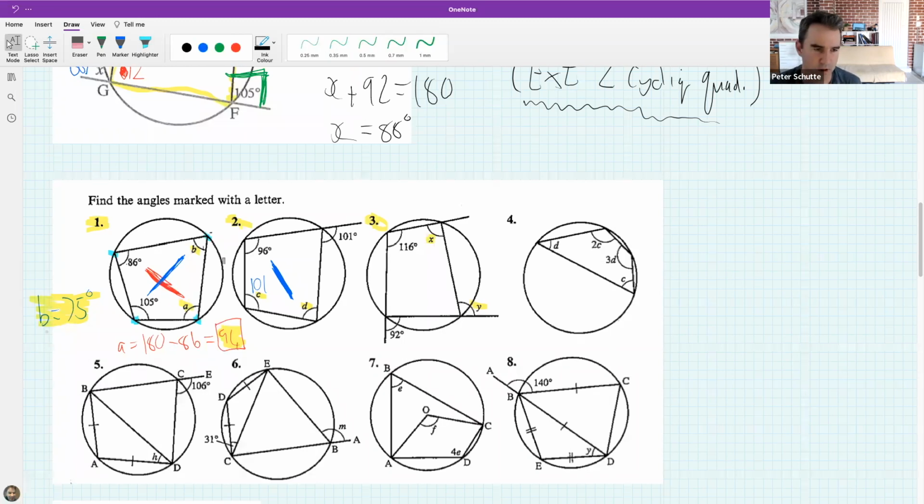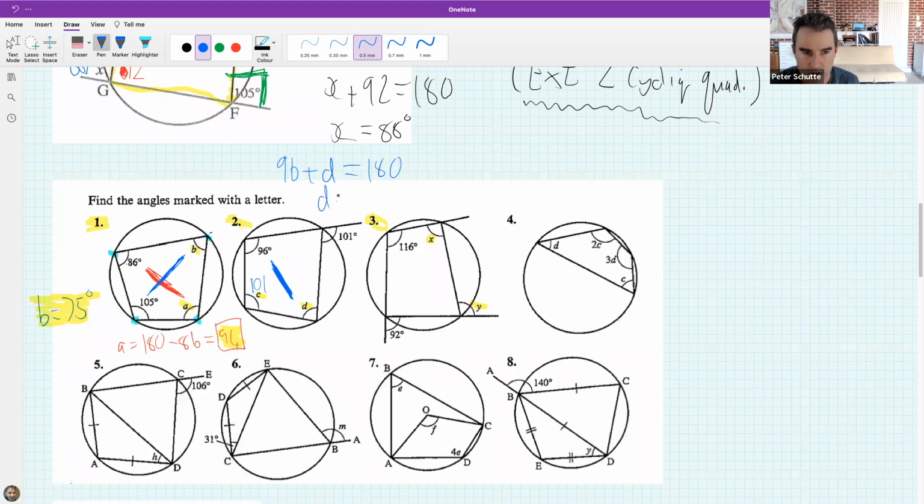Yes, sir. But sorry, for number 2, would you use the rhombus rule because of the cyclic quad rule? Yeah, so again, in number 2, this isn't a rhombus because to have a rhombus, you'd have to have all 4 sides equal. But what I'm going to say is that 96 plus D is equal to 180. And again, I'm making that claim that opposite angles add up to 180.